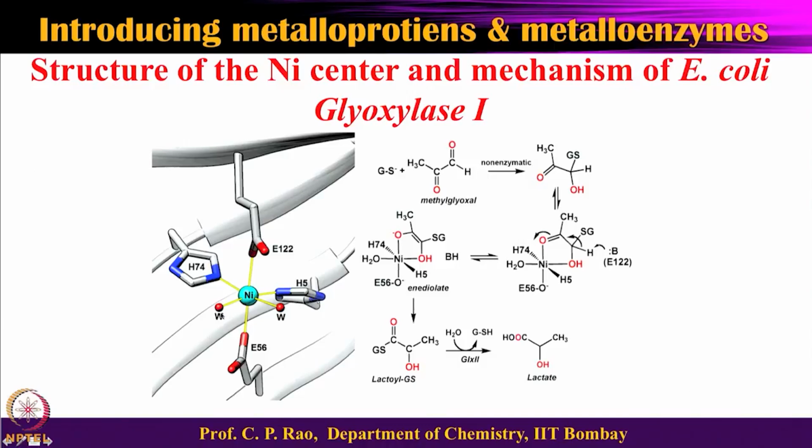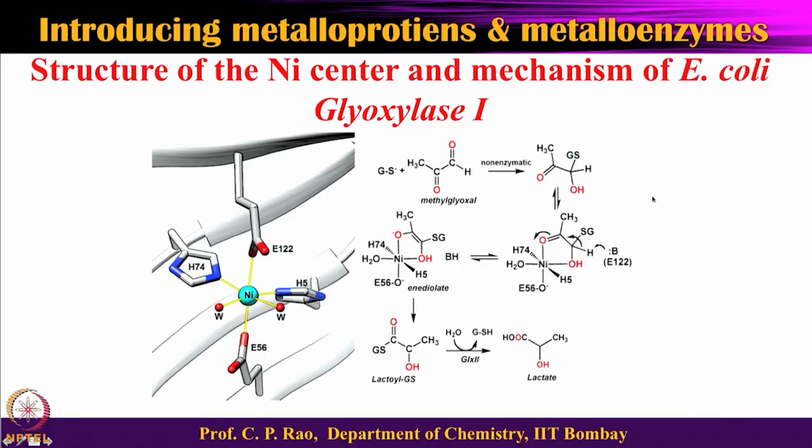They can be easily substituted by the substrates. So, you can see that this methyl glyoxal is converting into the other form of it, a keto-enol kind of form, by the enzyme.